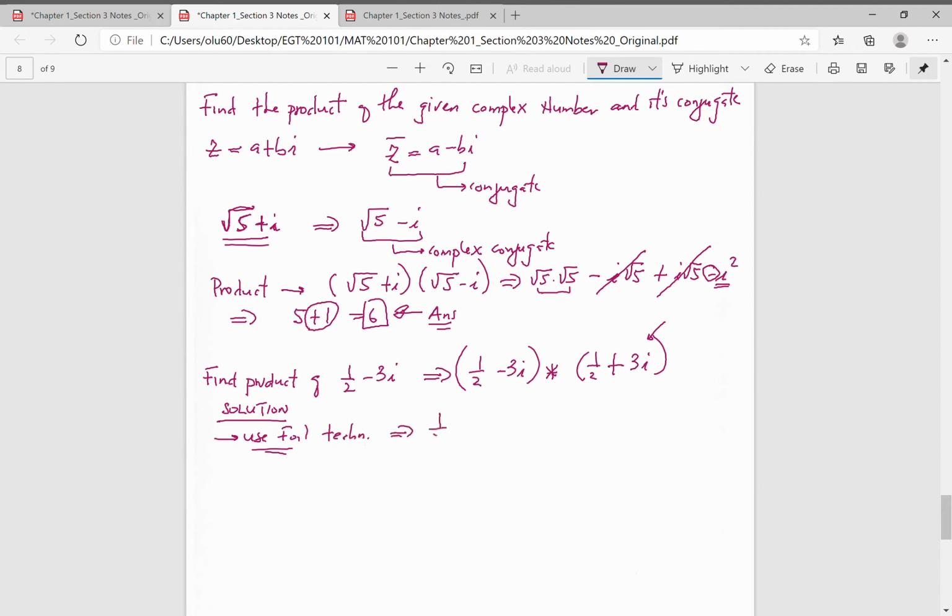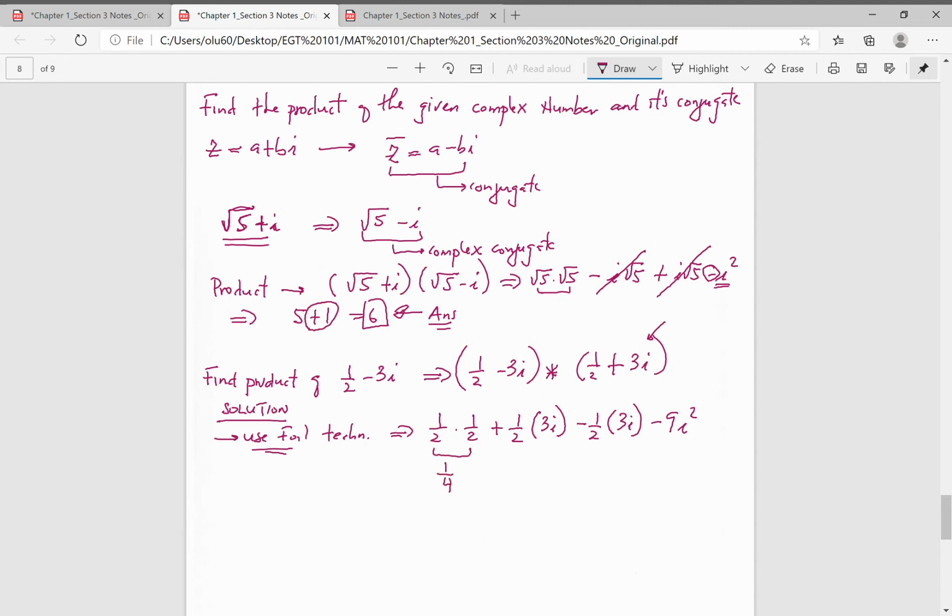That's going to be 1 over 2 times 1 over 2, okay, plus 1 over 2 times 3i minus 1 over 2 times 3i minus 9i squared. Okay, so 1 over 2 times 1 over 2 is going to be 1 over 4.